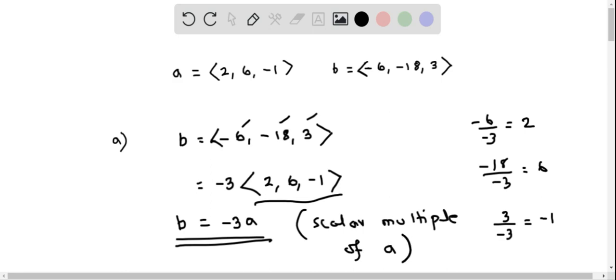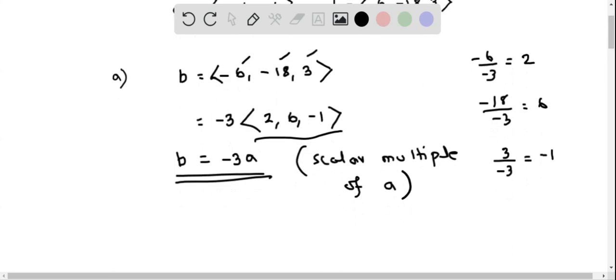And when we see that a vector is a scalar multiple of another vector, the two vectors are parallel to each other. So therefore we see that A vector and B vector are parallel.